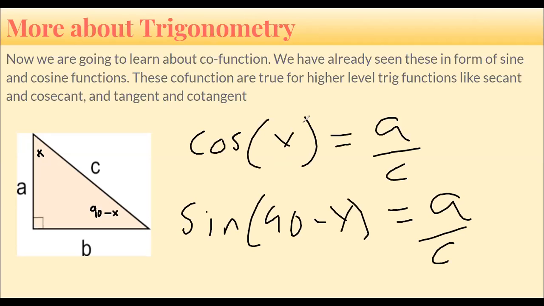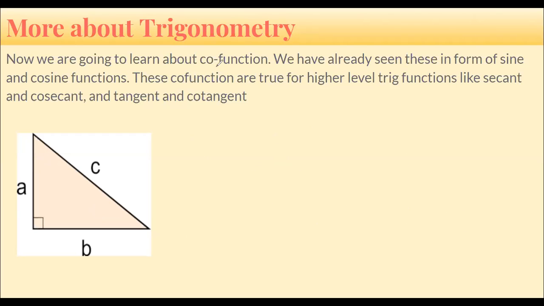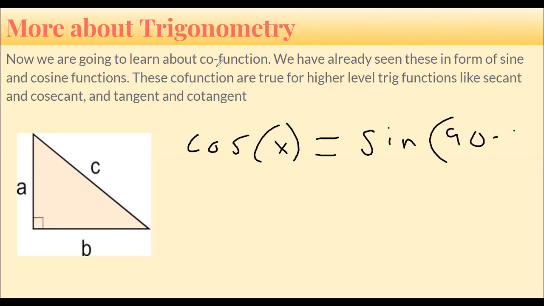So you could draw the conclusion that cosine x, being any value below 90 degrees, is equal to sine of 90 minus x. These are cofunctions.